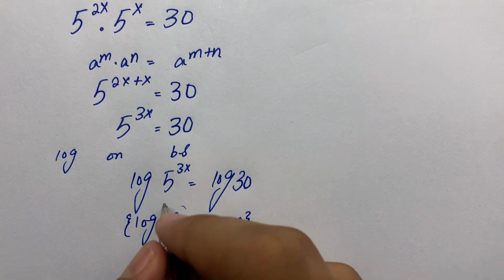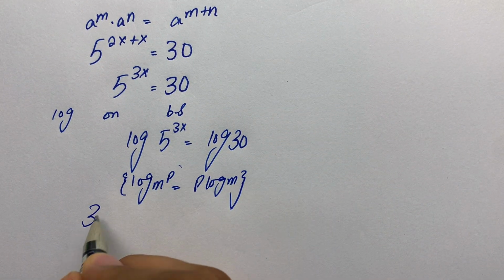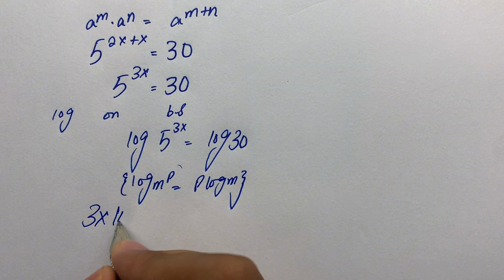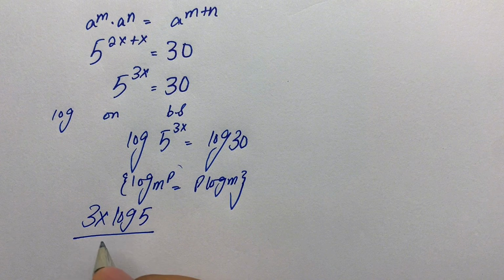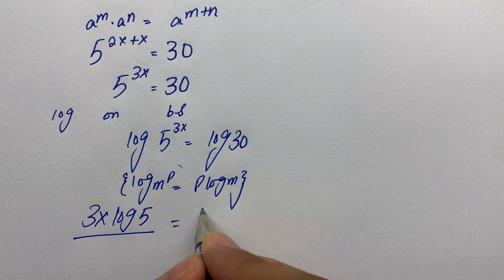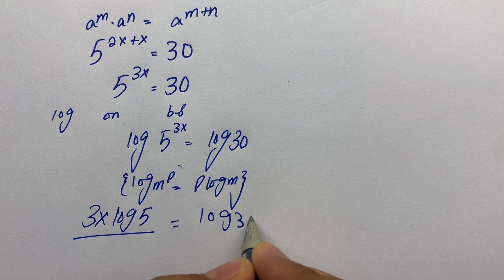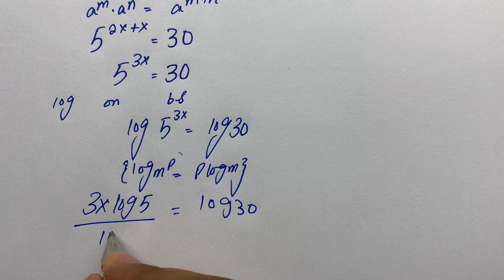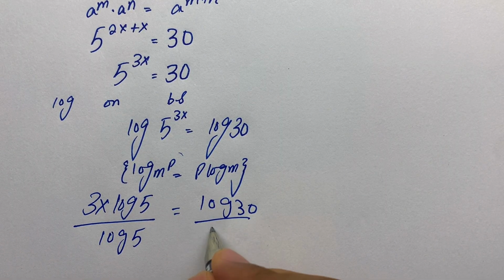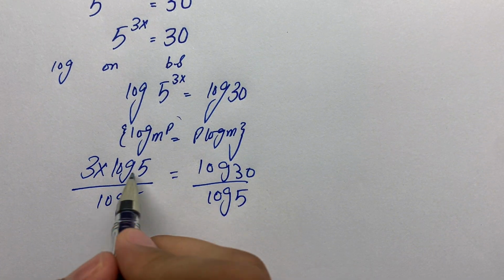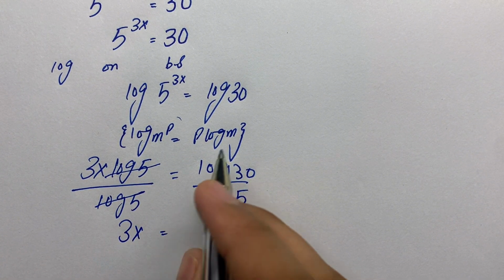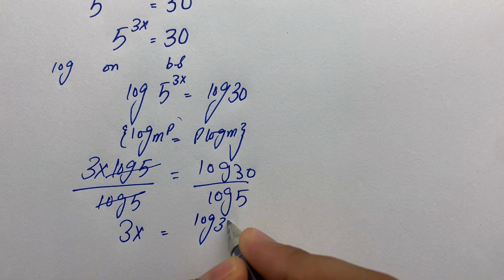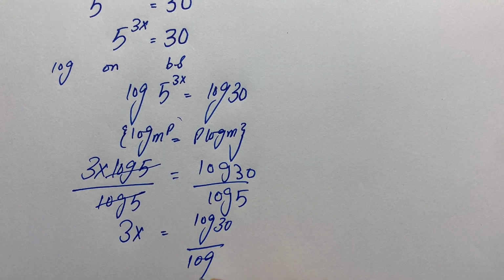So 3x times log of 5 is equal to log of 30, and dividing both sides by log of 5, this cancels with this, and 3x is equal to log of 30 divided by log of 5.